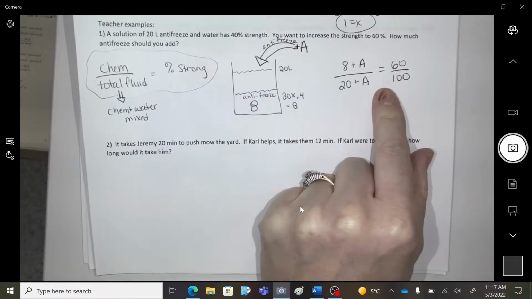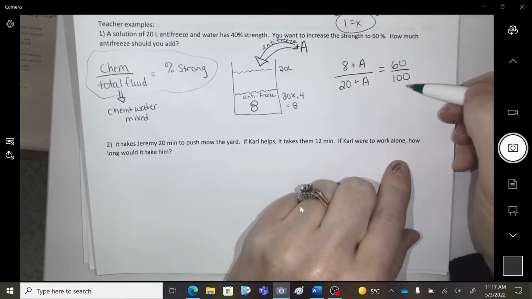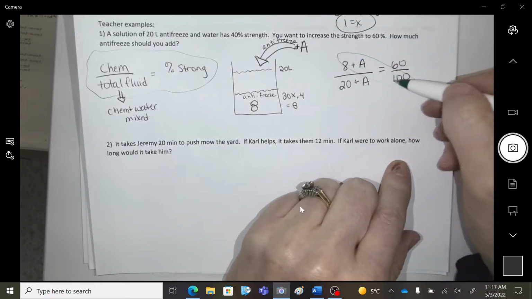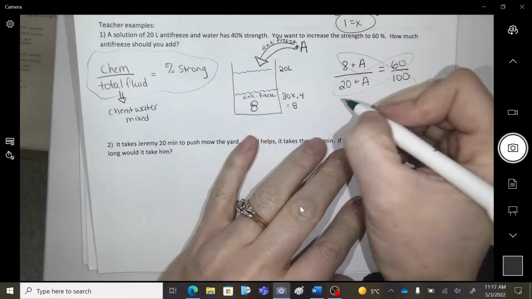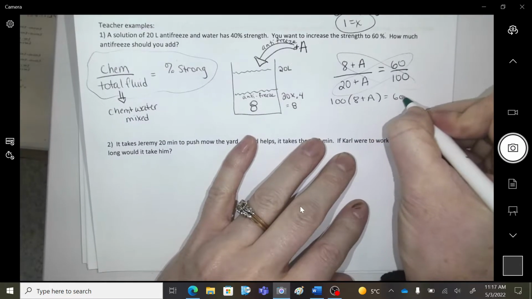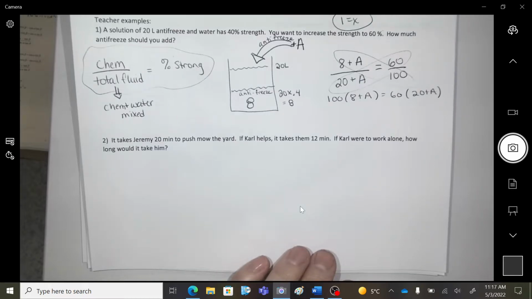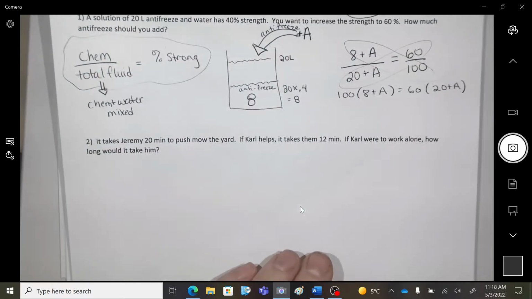Do you want to cross multiply or common denominator drop? Which method would you pick? Cross multiply. So there's my cross multiplication set up.